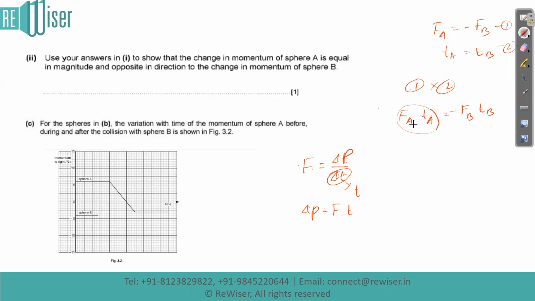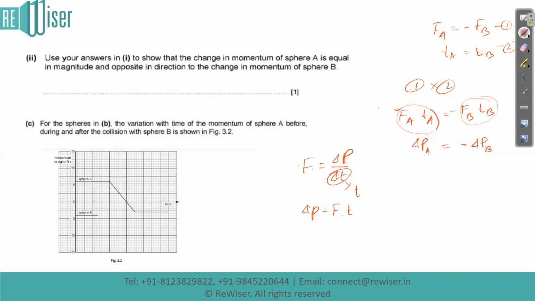Hence this FaTa that we are finding out is del Pa, and this is basically minus del Pb. They are equal and opposite, right?